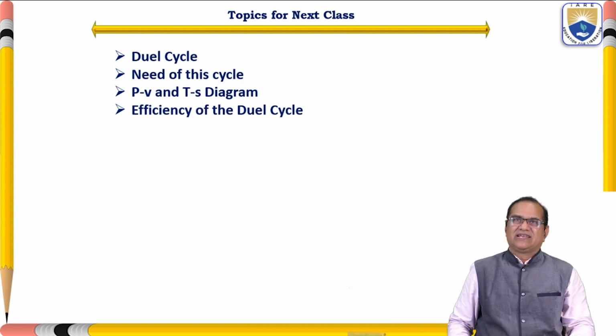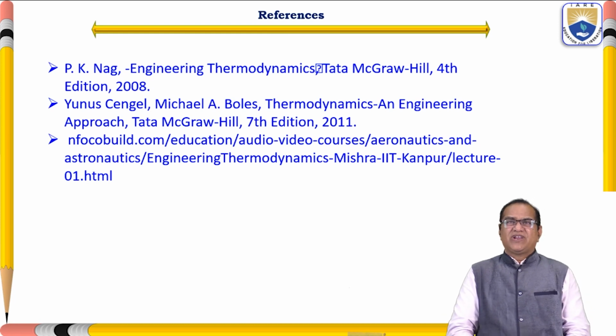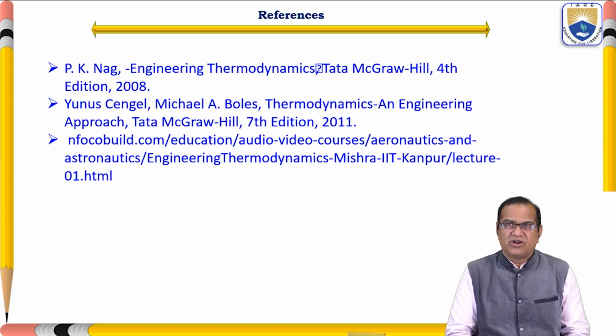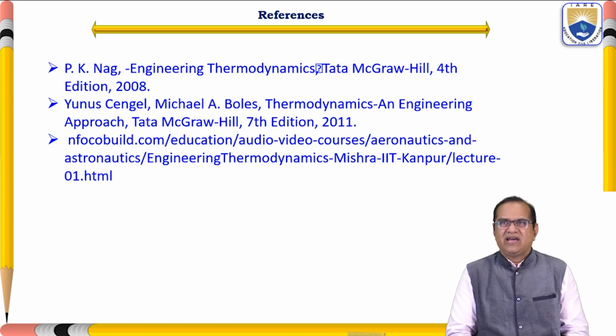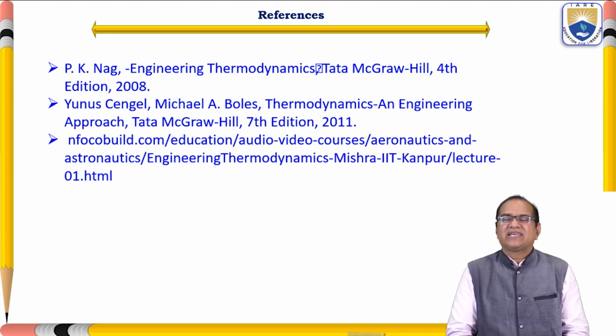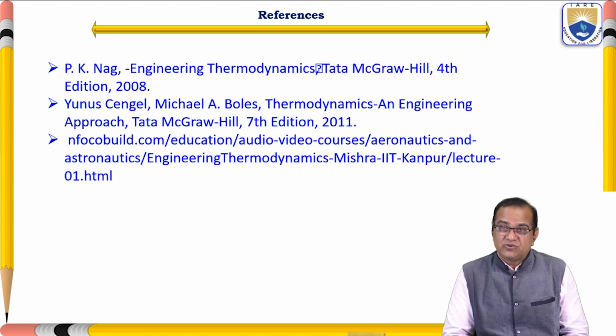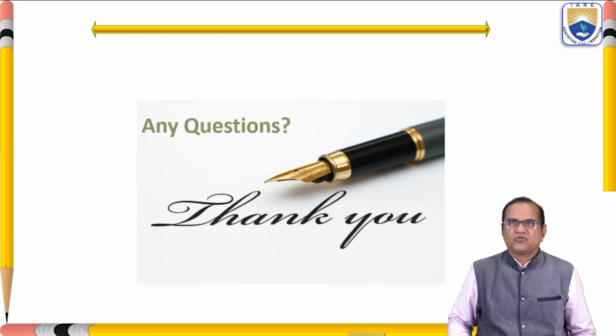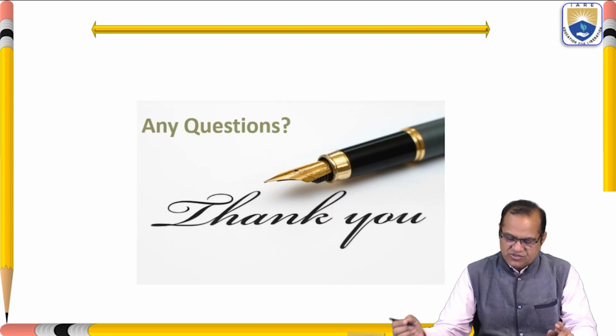These are the references I am taking from P.K. Nag, Engineering Thermodynamics, Yunus Cengel, Thermodynamics: An Engineering Approach, and some NPTEL videos from professors at IIT Kanpur, Dr. Mishra, and so on.